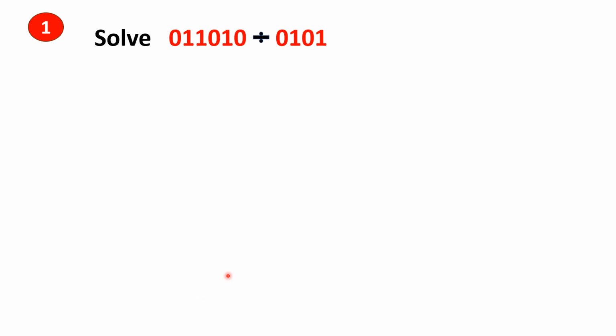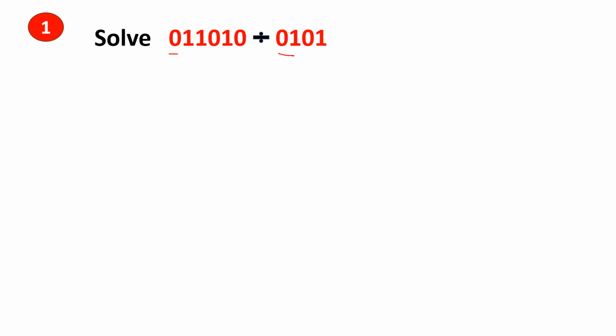Problem 1. In division, this number is called the dividend and this number is called the divisor. In this problem, we can see zeros present at the most significant bit.